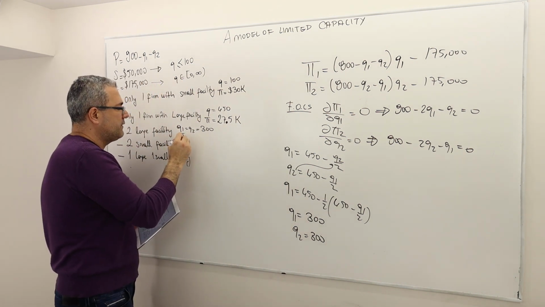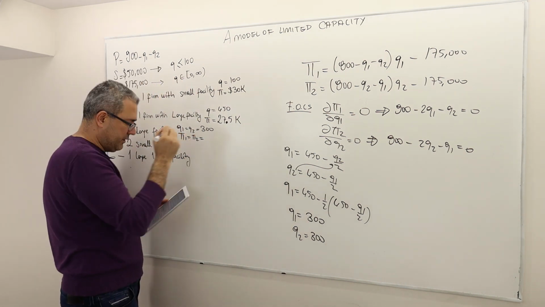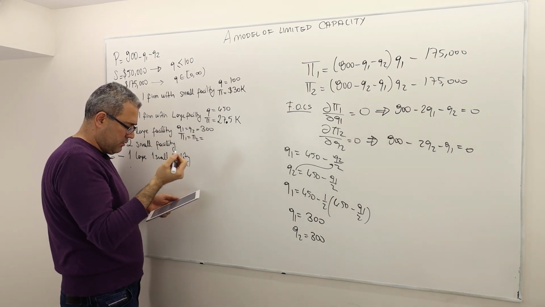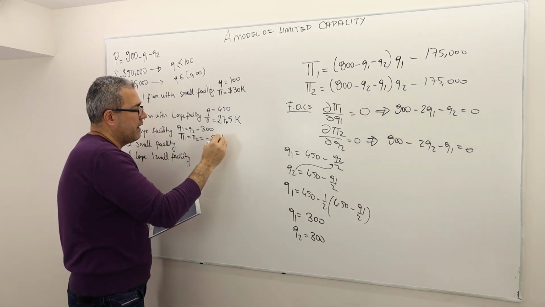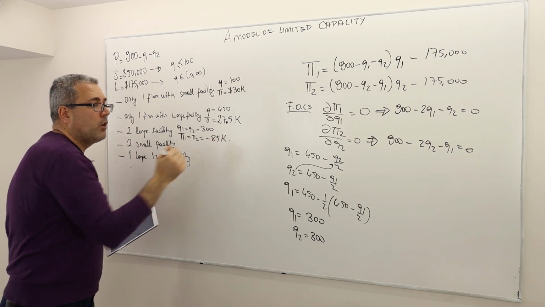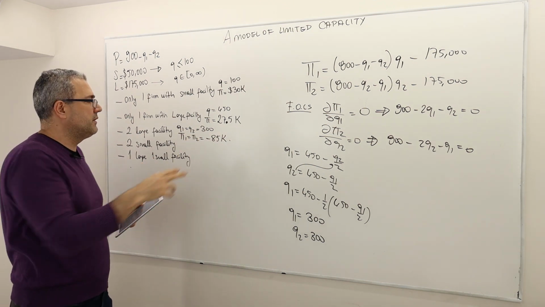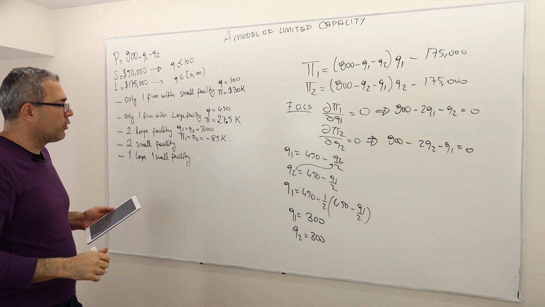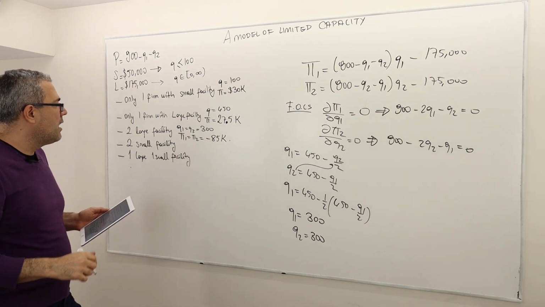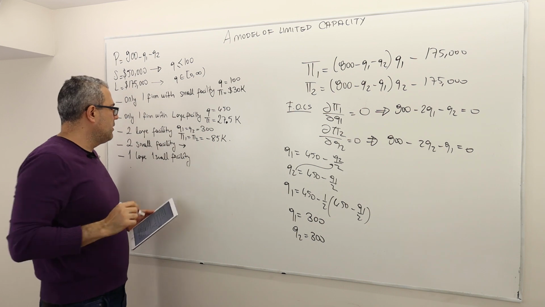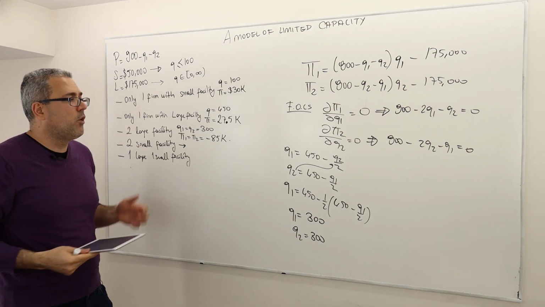I already did this. So pi 1 equals pi 2, which is equal to minus 85K. So actually, both firms being in this industry and having a large capacity is going to be a horrible outcome. All right. Well, now, what if both firms have small capacity?